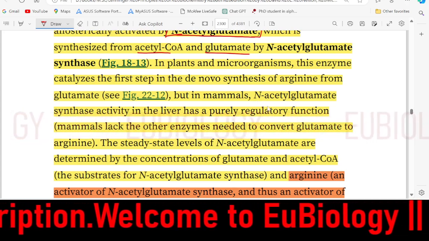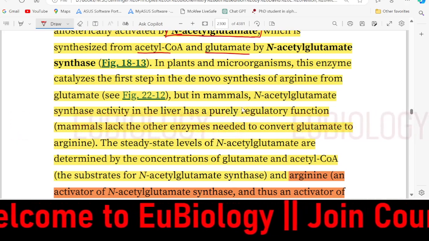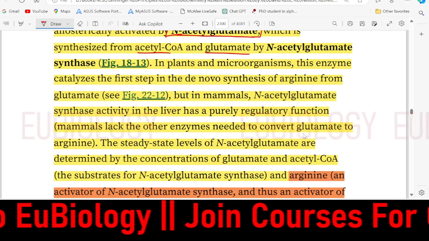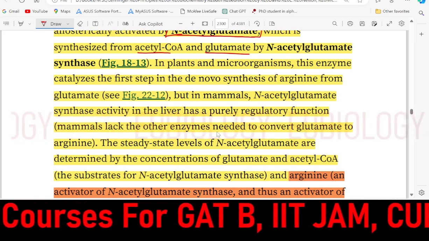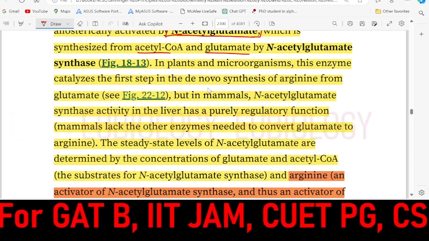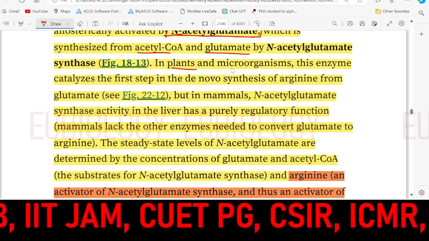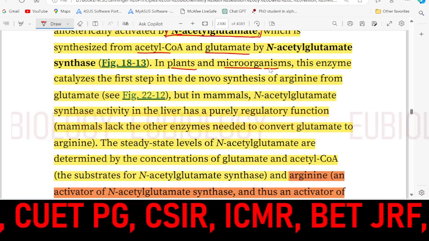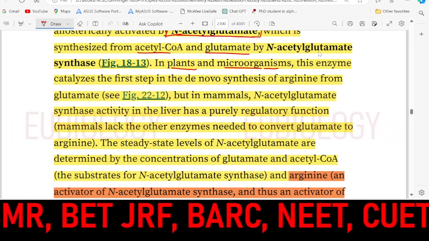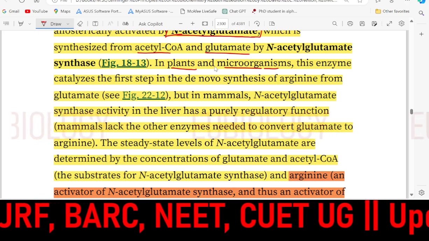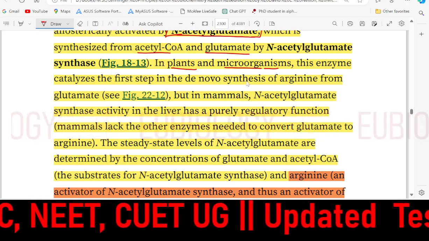So N-acetyl glutamate is directly formed from glutamate, and we don't have to convert the glutamate into arginine. But in the case of plants and microorganisms, this N-acetyl glutamate synthase can also convert glutamate into arginine.